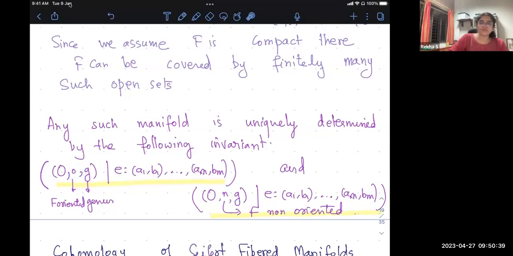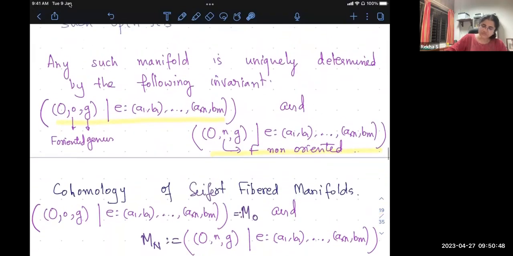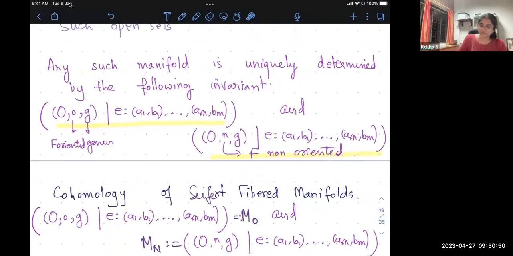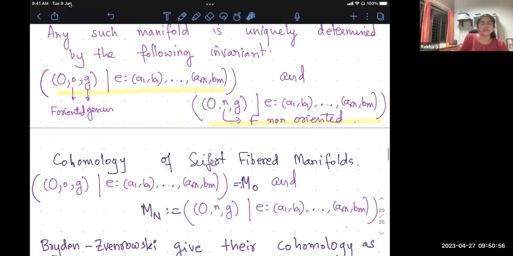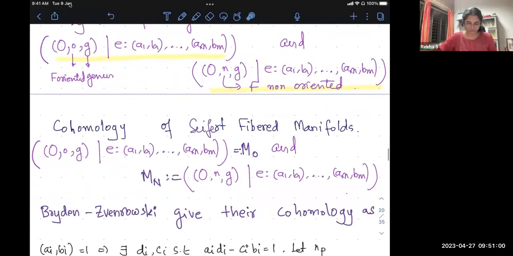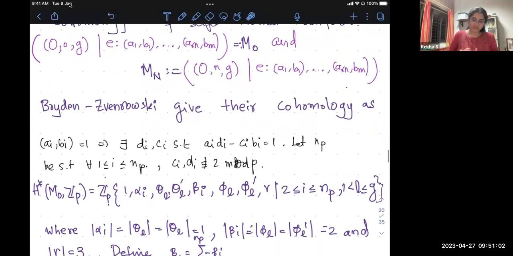Okay. So Bryden and Zvengrowski gave the Z_p cohomology of both these cases. Just because this becomes elaborate, I'm mostly only going to talk about the oriented case, but we are able to do the same sort of thing for the case when the base space is non-orientable. So the cohomology looks fairly complicated.